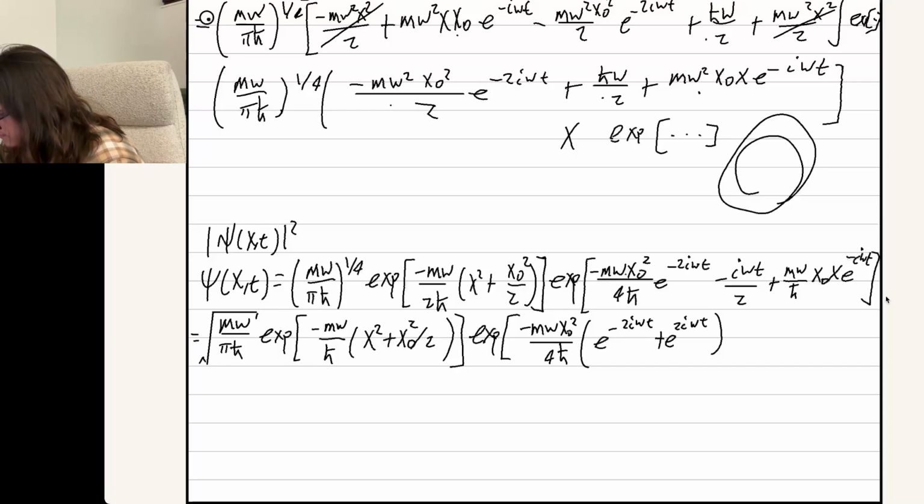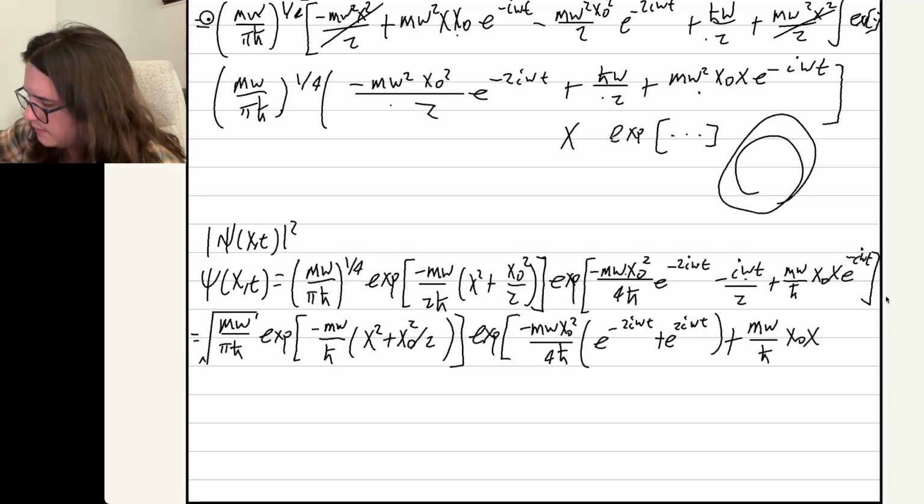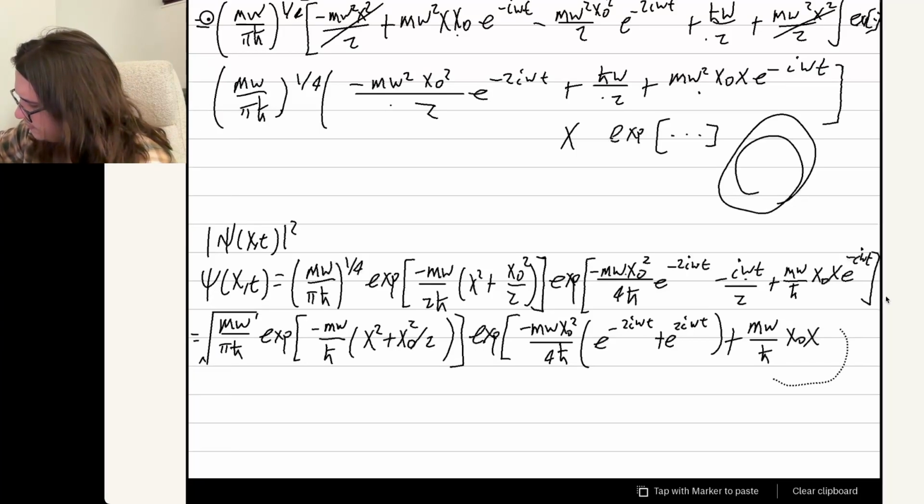And then this term here will also get canceled out whenever you take the square modulus, but then we'll have a couple of terms dependent on x naught times x. And let me move it down here because I need a little bit more room.